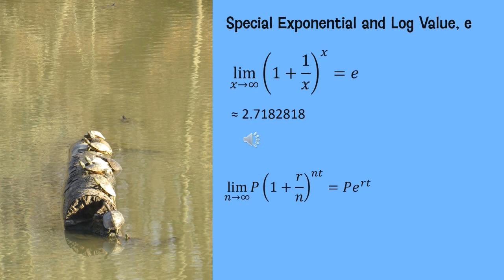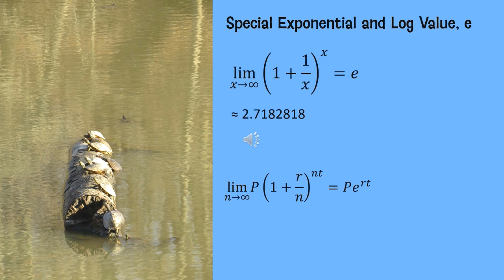It has the definition that it is the limit of the function 1 plus 1 over x raised to the x, and as x gets larger and larger, the value of that function approximates this value, which is close to 2.718.